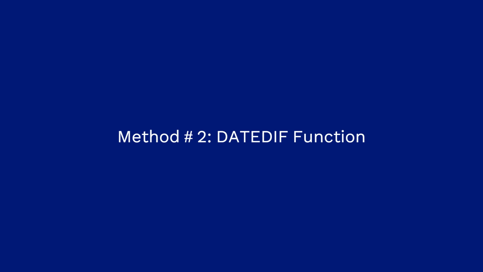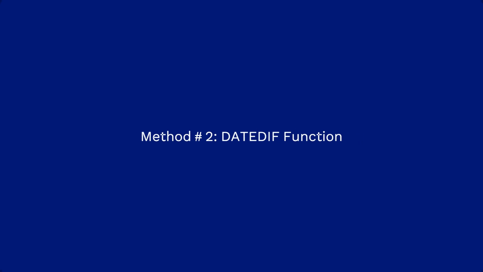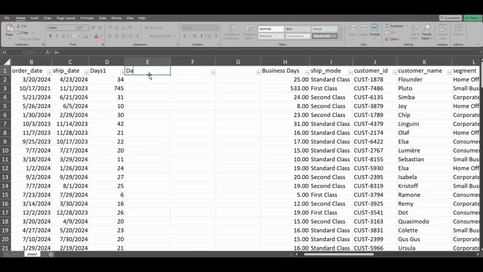So now method number 2, we're going to use DATEDIF. So I'm going to call this days 2. This is another example, and this is the method most people don't know about. You start off with an equal sign, then DATEDIF, click on the begin date, comma, end date, comma, double quotation, and D for days.